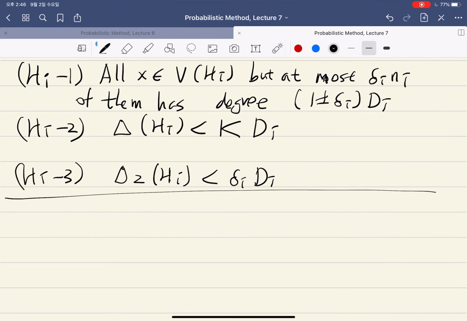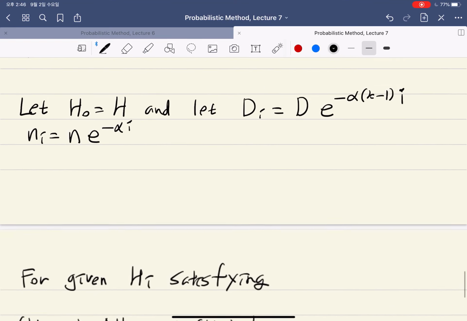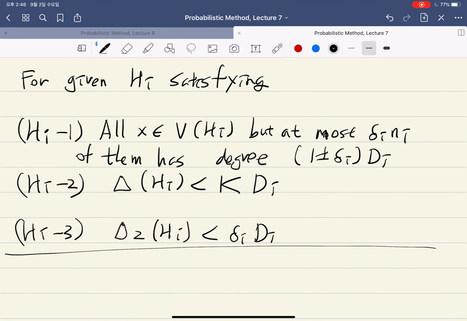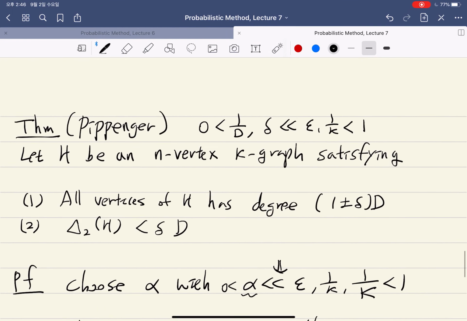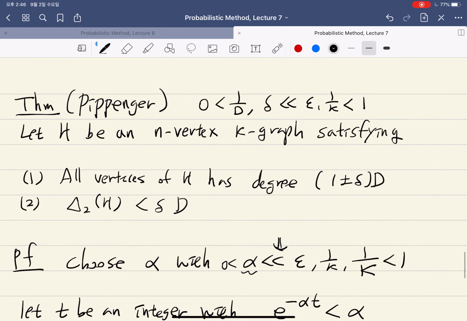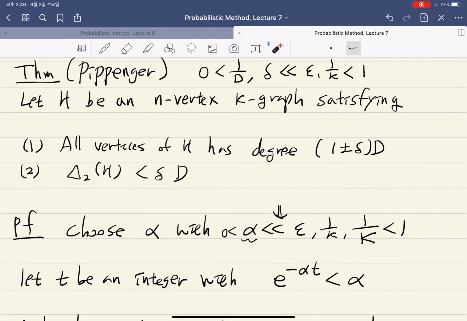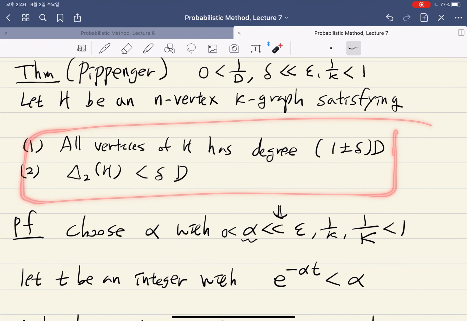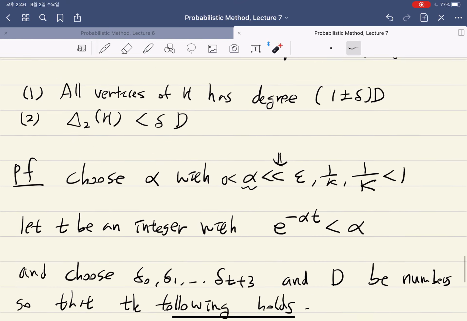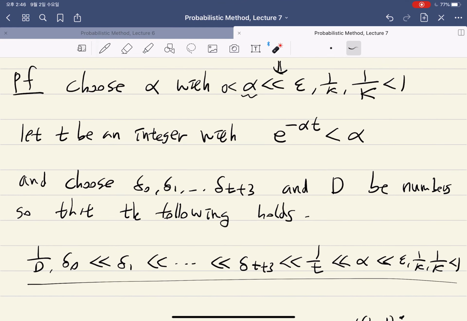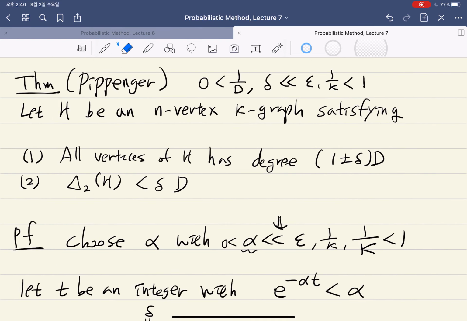So assume this holds. For example, H0 satisfies this because of this condition. Here, I didn't specify this. Delta and delta 0 are the same. So what's this? We have to show that for given this, there exists a choice of that which satisfies this. So that's the statement.